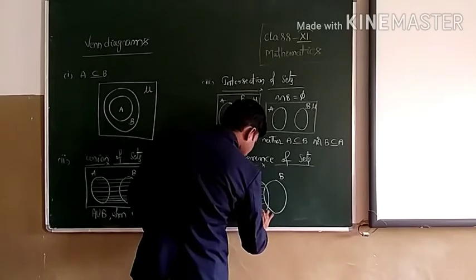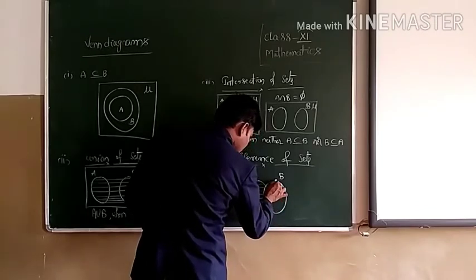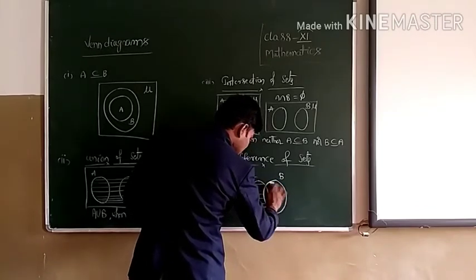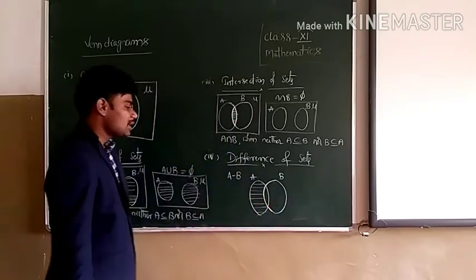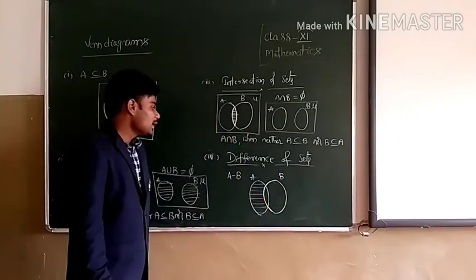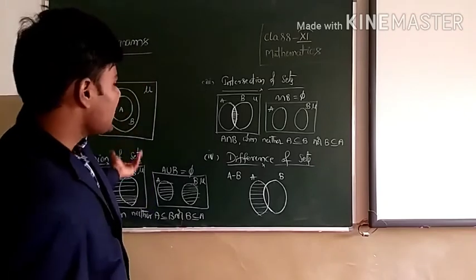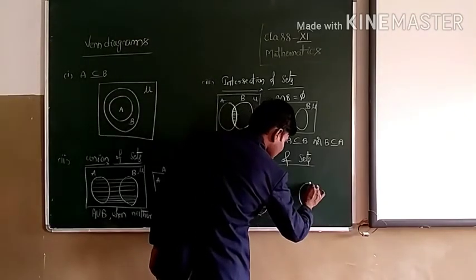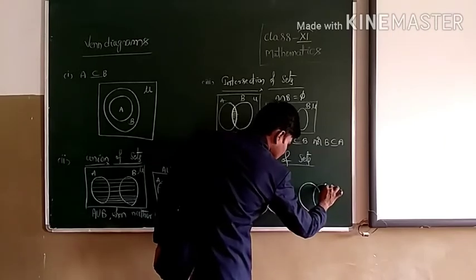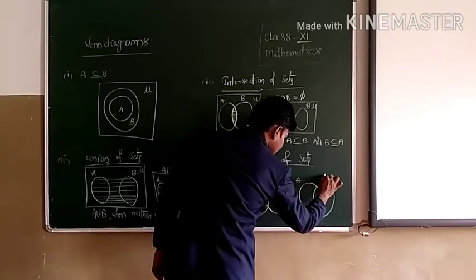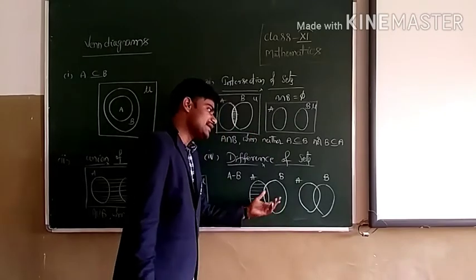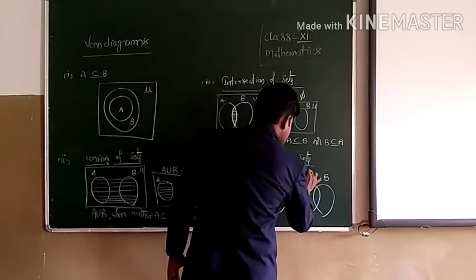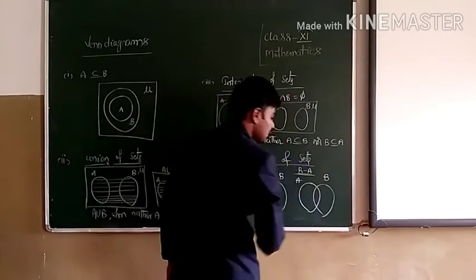Just exclude all the elements in A; don't say anything in set B. Okay, clear? Next, suppose B minus A is also the same. If you want to draw the Venn diagram for B minus A, you can draw like this. This is A, this is B. B minus A contains only the elements which belong to B only.